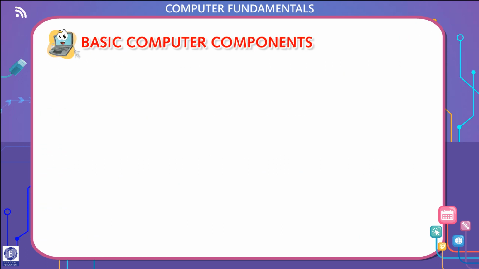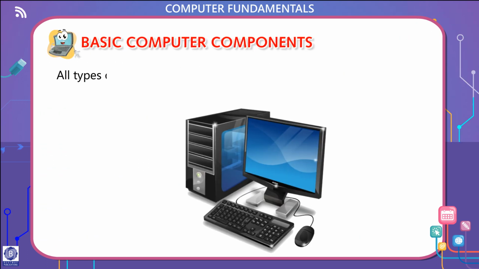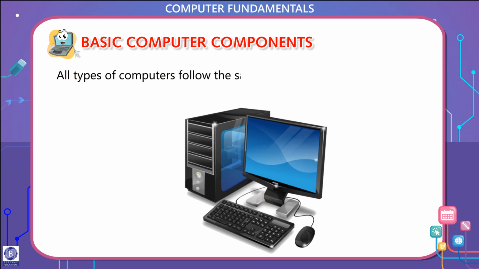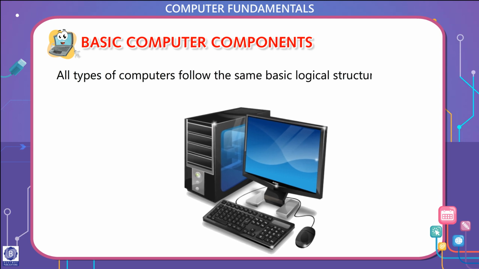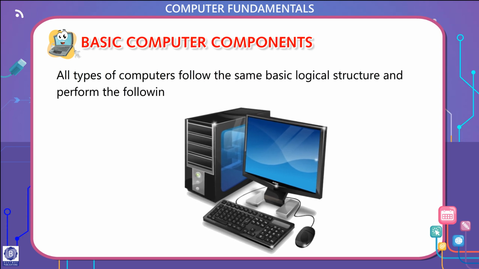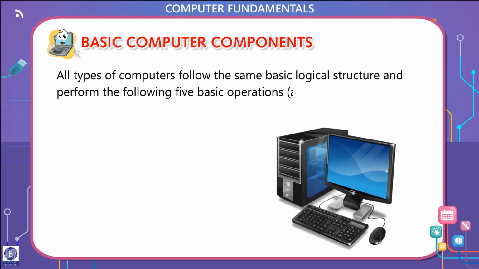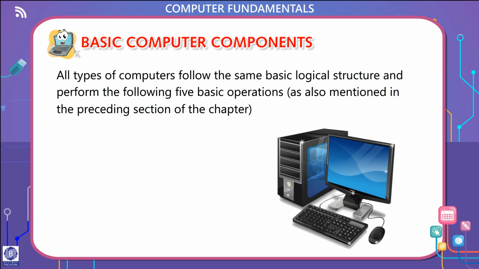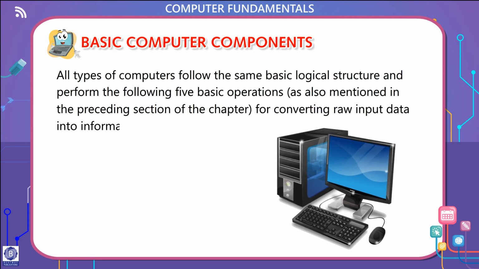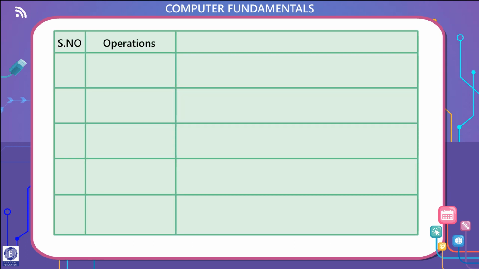Basic computer components. All types of computers follow the same basic logical structure and perform the following 5 basic operations, as also mentioned in the preceding section of the chapter, for converting raw input data into information useful to their users. Operations description. Number 1.